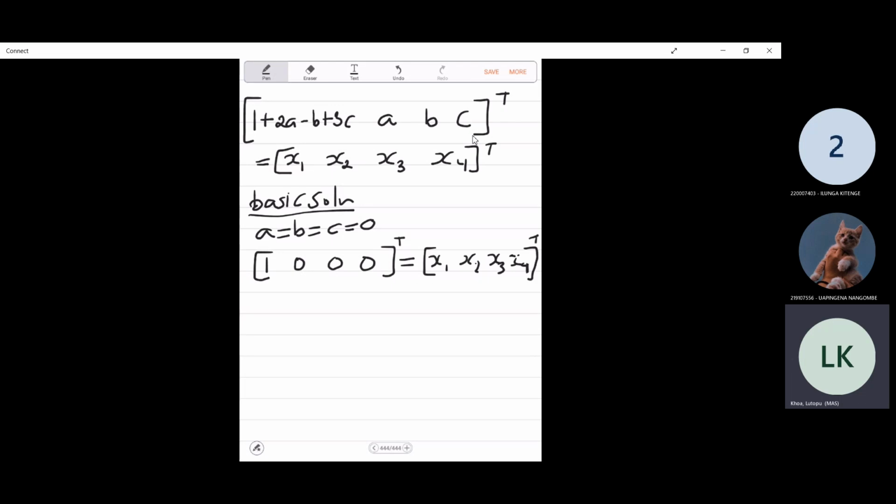Then there's a transpose at the top over there. Okay, so you also could have picked x2 as your basis. So maybe, or here x3. So here maybe you'd have 0, 1, 0, 0 like that for your basic solution. But the way you would do it is exactly the same.